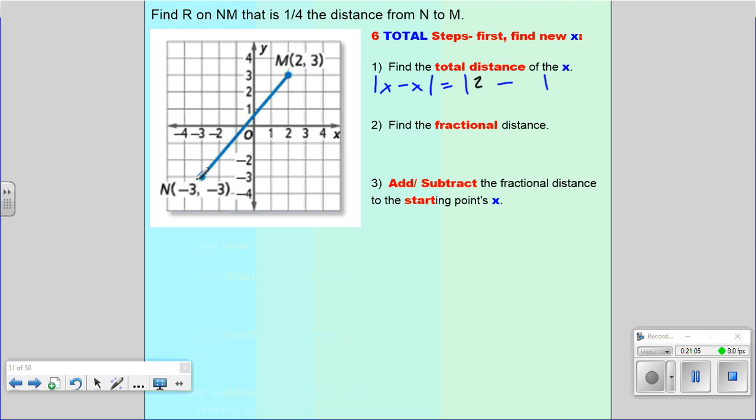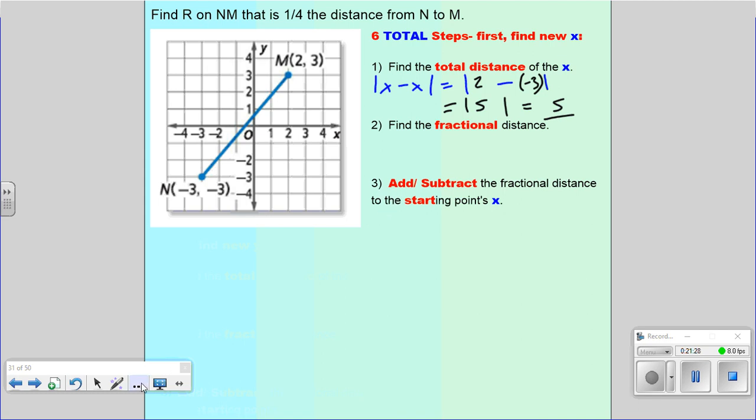N is on the left, its x value is -3. So that would be the absolute value of 5, which is 5 for the distance on your x's.